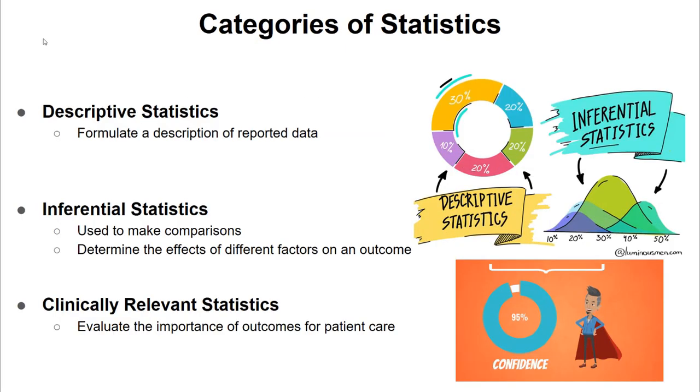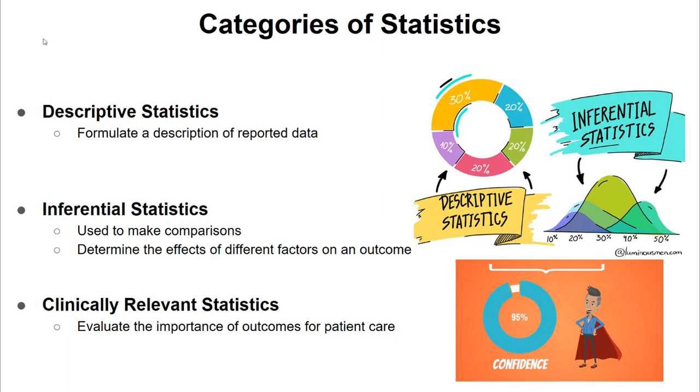In general, there are 3 different categories of statistics that we're going to learn about in this class. First is descriptive statistics, and descriptive statistics, just as it sounds, is that we formulate a description of reported data. Descriptive statistics is often used to describe parameters of different subjects in an intervention study.